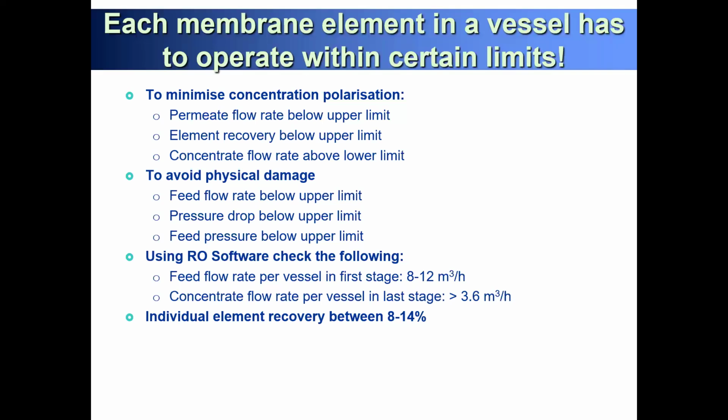We need to design for this. The element has a small channel, and when you flow the feed at 8 to 12 cubic meters per hour, and the concentrate at the last stage 3.6 cubic meters per hour, that would be ideal for your software design.